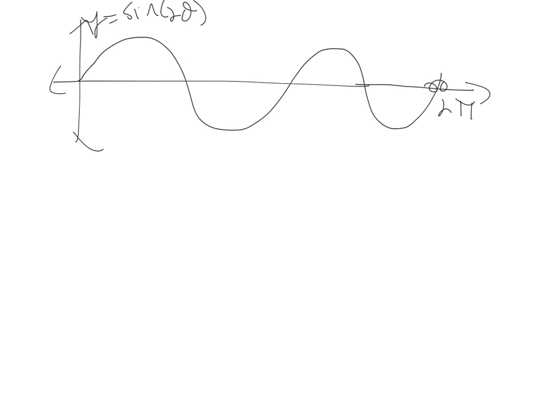So we know that root 2 over 2 happens kind of around here and around here. Those would be our pi over 4 and 3 pi over 4. And then what you notice is that they're over here.